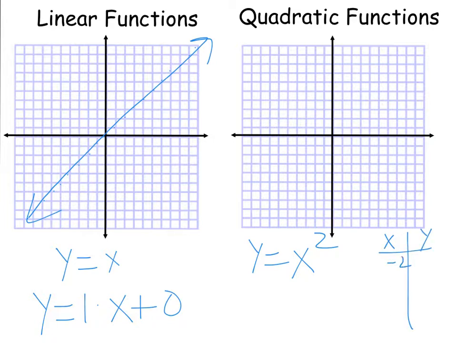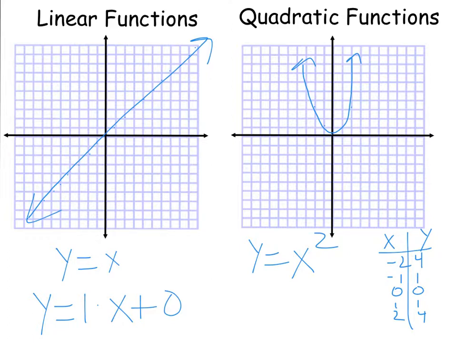If I wanted to put together just a quick little table, I could put in -2 and get 4, put in -1 and get 1, 0, 1, and 4. And it would look roughly something like this.